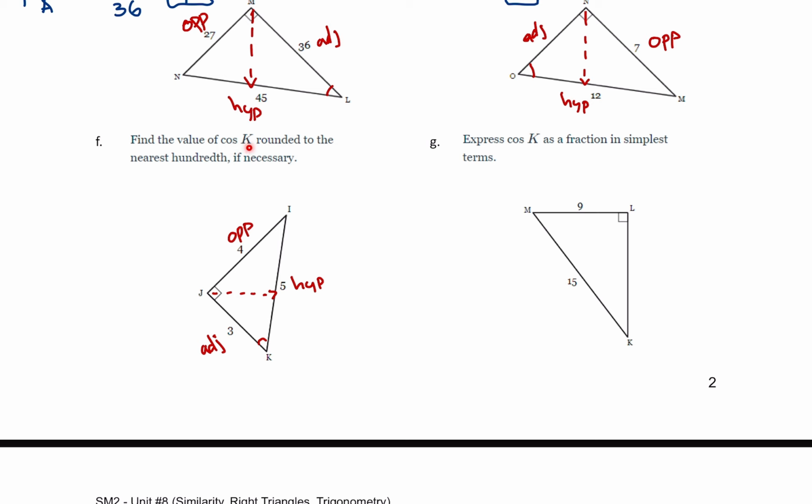I'm using cosine, and if we look up at the top of our paper, cosine is adjacent over hypotenuse. So that means we use our adjacent, which we labeled as 3, and put that over our hypotenuse, which we labeled as 5, 3 over 5. But this says we want to round our answer to the nearest hundredth. So if I put that in my calculator to round it, I get 0.6 as my answer.